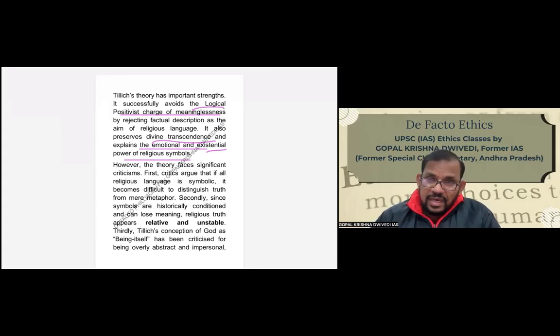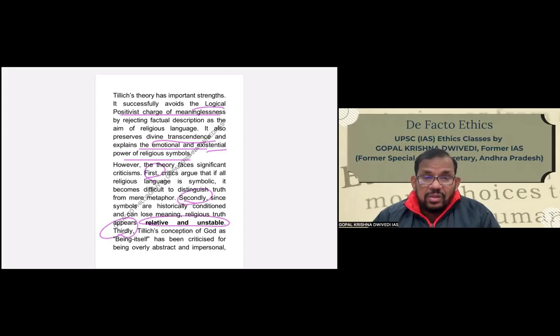However, there are a number of negative points. First, critics say that if all religious language is symbolic, it becomes difficult to distinguish truth from mere metaphor. Second, since symbols are historically conditioned and can lose meaning, religious truth appears relative and unstable. So this is again a strong criticism.